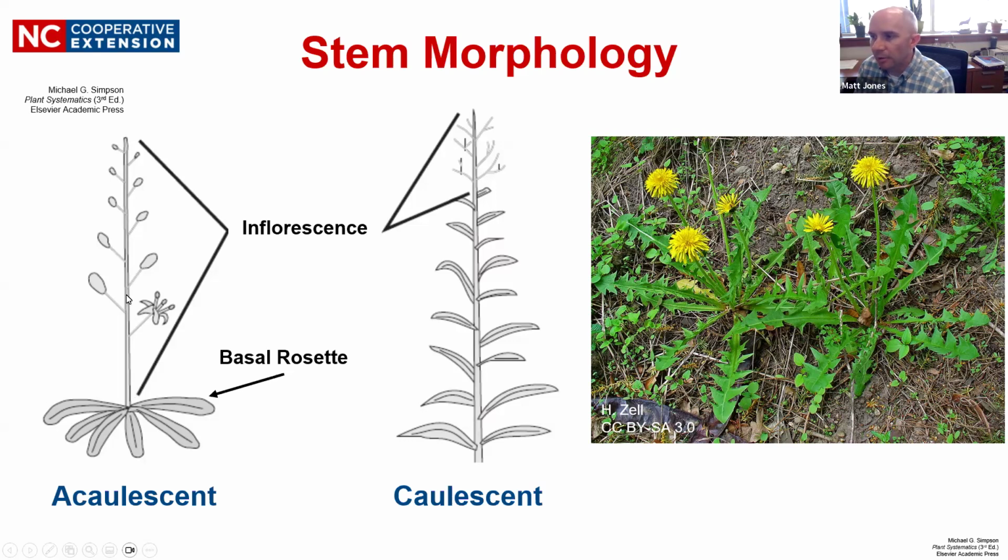They still have flower stalks called inflorescences, but all the photosynthetic tissue is more or less at the base in this basal rosette. This growth pattern is selected to be resilient or less prone to being grazed by animals.